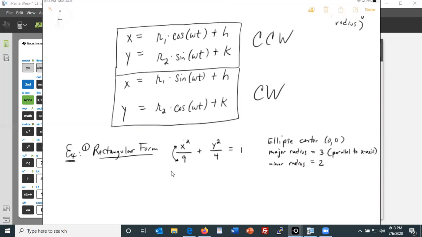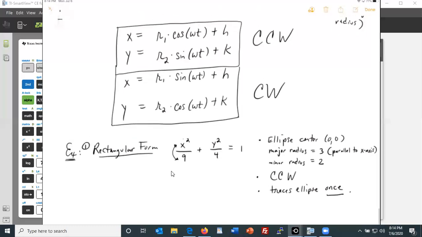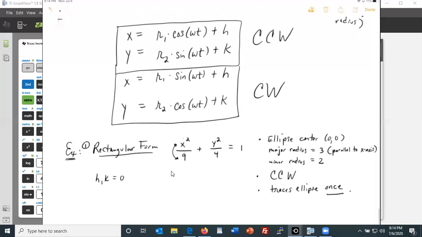And let's just say for the heck of it, this is counterclockwise. I'm just making that up here. And let's say it traces the ellipse once. So what would I have here? I have h and k both 0 because the center is 0. Now, since the major radius lines up with the x-axis, the major radius would be my r1 because the r1 is in the x equation. And therefore, the r2 would be 2.